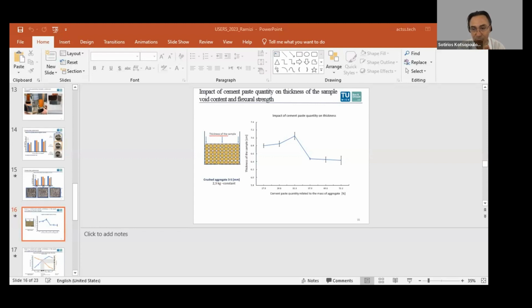But one of the main problems we have with these types of pavements, especially in Mediterranean cities like Athens or Cairo, is the heat during the warm days and how these materials absorb the heat.